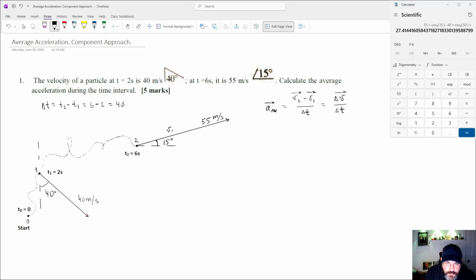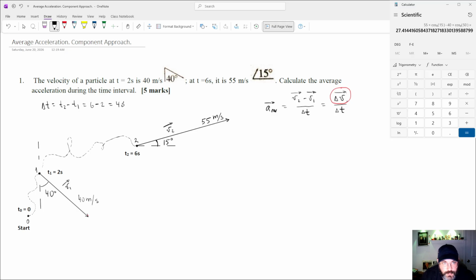So this is our velocity v2, and this is our velocity v1, and again, we just need to calculate our delta v. In the previous case, we applied the tip to tail rule, added vectors geometrically, applied sine and cosine law, and calculated that delta v, magnitude and its direction.